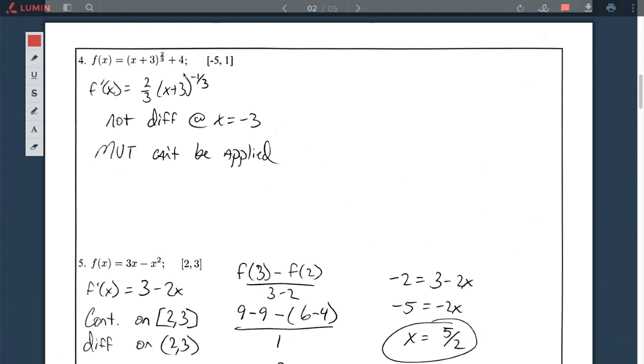Derivative of the inside is 1. Derivative of 4 would be 0. So since I have a negative 1/3, that means this is actually in the denominator, and negative 3 makes me 0. And if you notice, negative 3 is in my interval, so therefore I'm not differentiable at x equals negative 3, and therefore the MVT can't be applied.